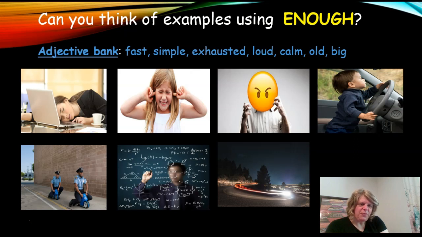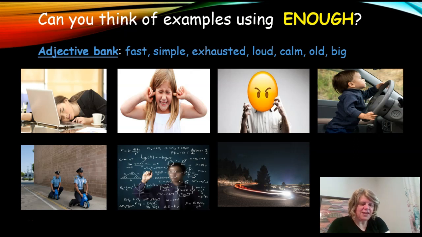What about the third picture? I put the adjective calm here, so we can make it negative to convey the same meaning. He wasn't calm enough to speak. Remember, in the first example we had he was too angry to say anything, or he wasn't calm enough to speak.